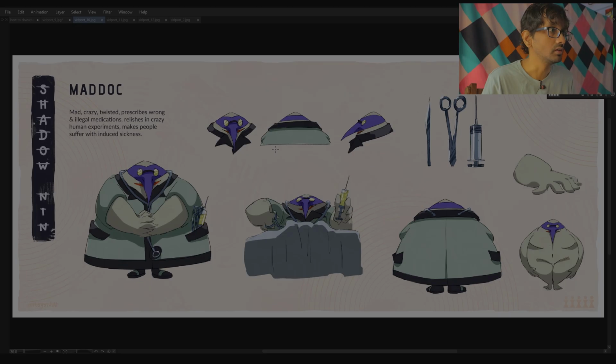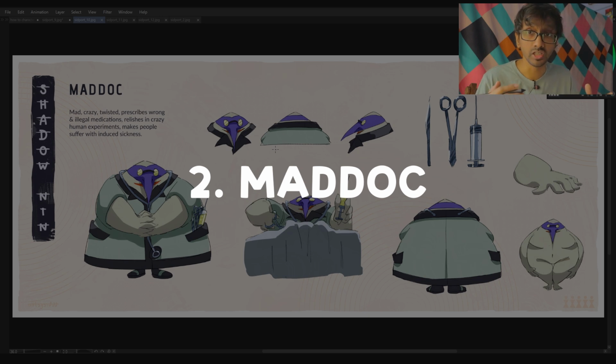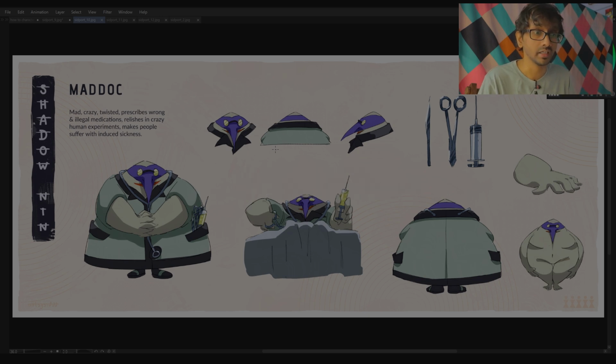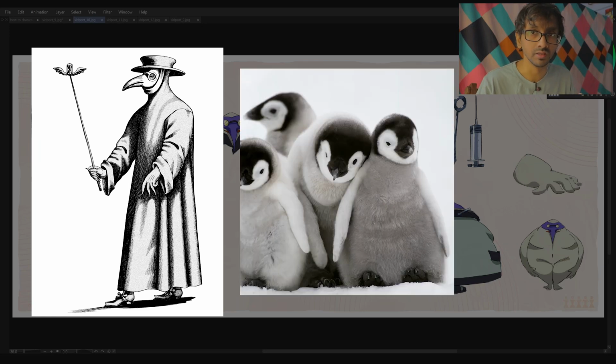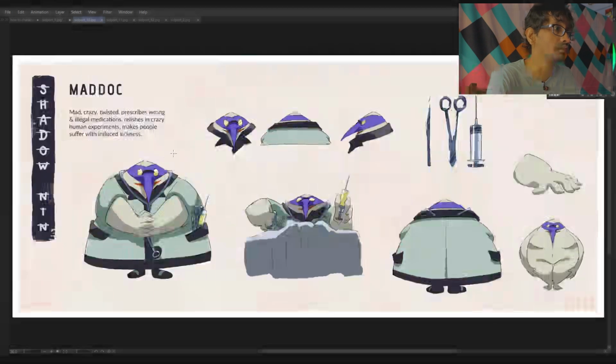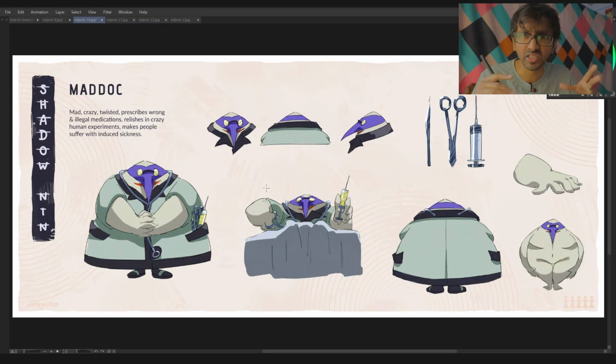Next character, the MadDoc. So the design inspiration came from the plague doctors that we used to see in the Renaissance period, okay, and the Penguin. So I combined both of them, and this is what we get. And he's like a mad, crazy doctor who likes to make crazy human experiments, like transplanting organs to another part of the body, like the legs.